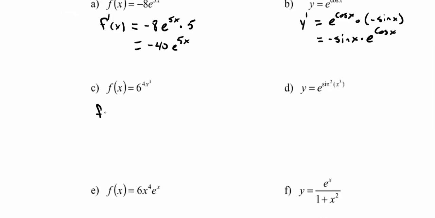Okay, so now f of x is equal to, all right, careful on this. I don't see an e, so I can't just say that the derivative is the same as the original function there. This one, I have to use the first rule. So this would be 6 to the power of 4x cubed.